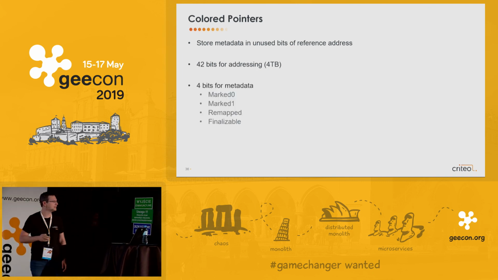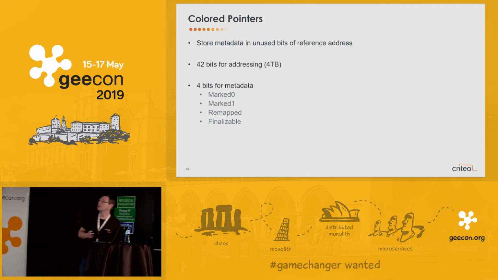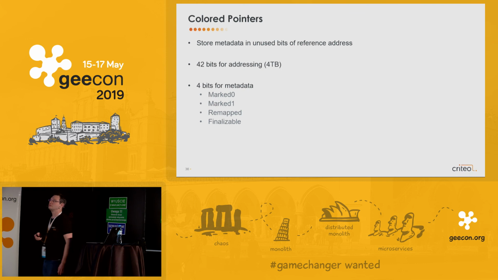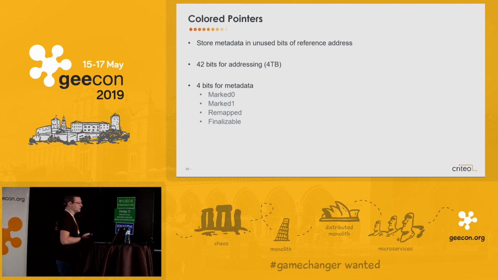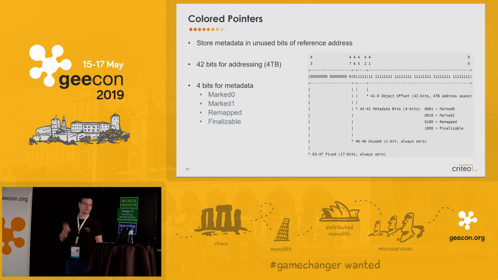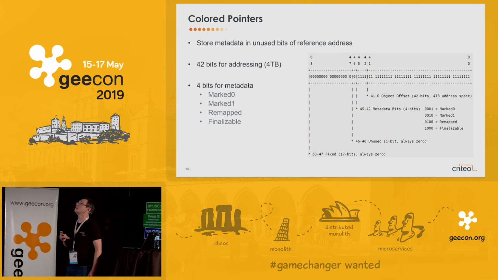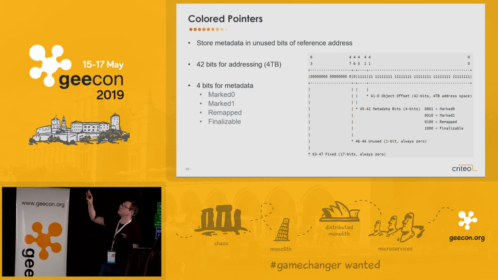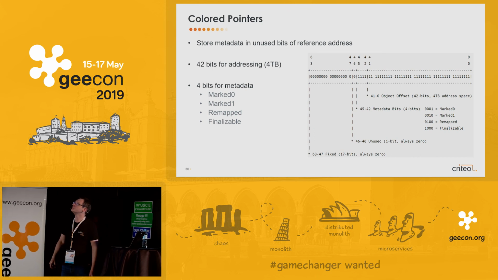They use 4 bits of metadata: marked 0, marked 1 for either GC cycle, if the reference is remapped, and if it's finalizable. So that's the way they represent the reference address. So 42 bits up to 4 terabytes, and then we have 4 bits for metadata, bits 45 to 42.